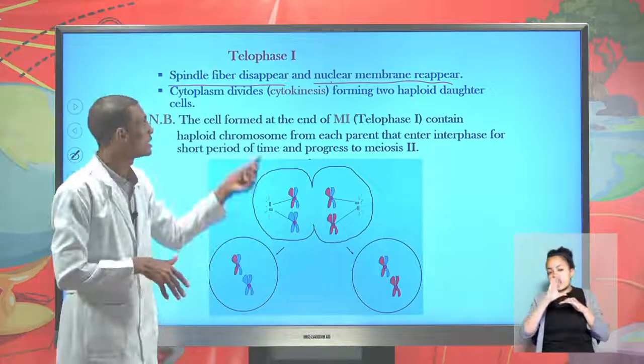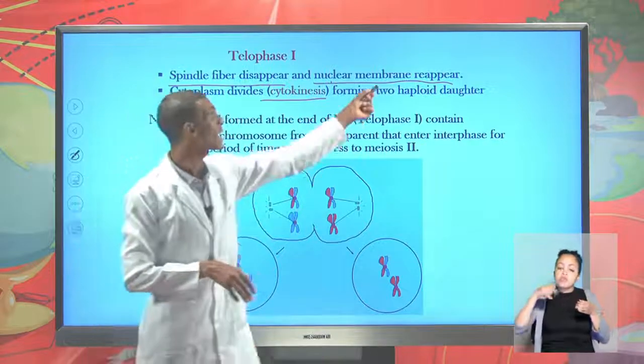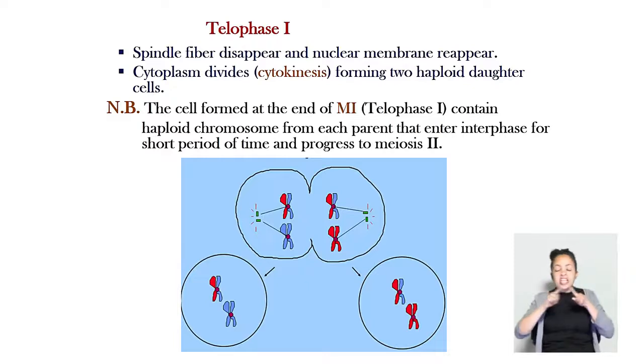Again, there is the action of cytokinesis and karyokinesis here. Nuclear division and cytoplasm division take place during telophase I. The cell formed at the end of telophase I is n number, or haploid.